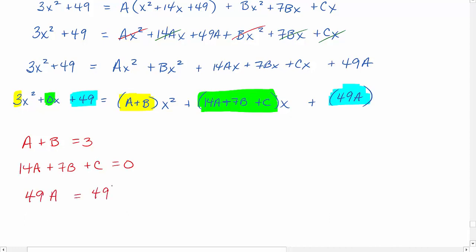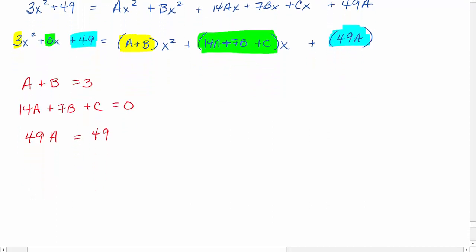Now this one's going to be pretty easy to solve. Since 49A equals 49, we know right away that A is equal to 1. I'll plug that into my first equation and solve for B. A plus B equals 3, so B is going to have to be equal to 2.